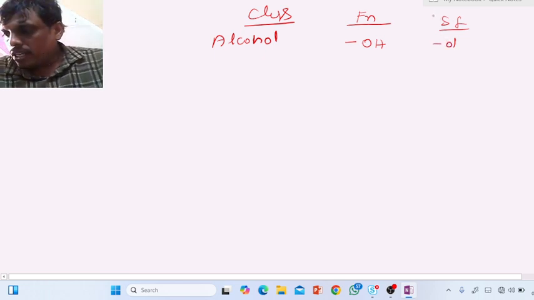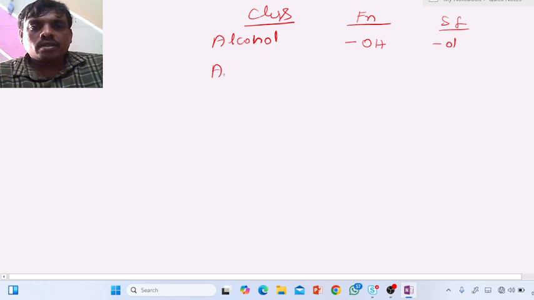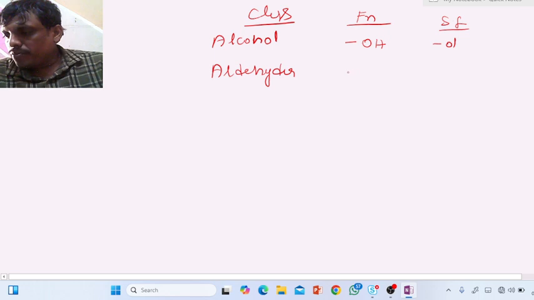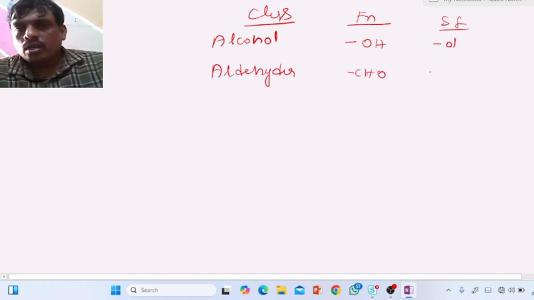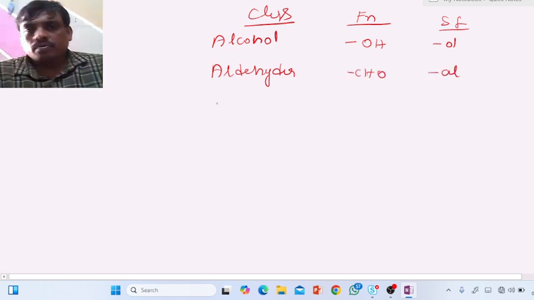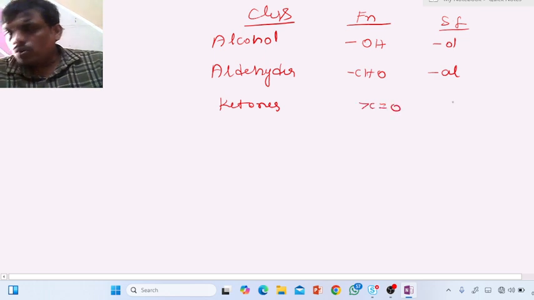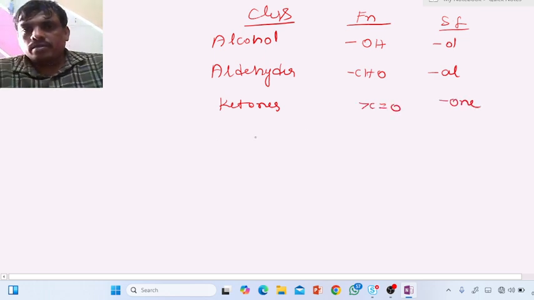In case of aldehydes, the functional group is CHO and al is given. In case of ketones, the functional group is C double bond O and one is given.